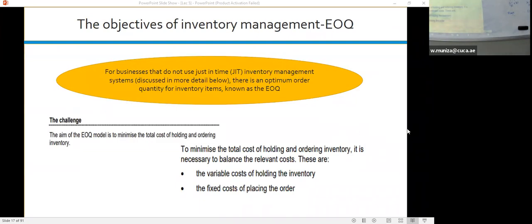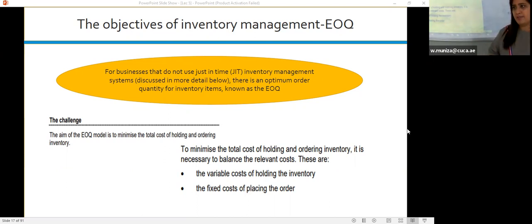Now, students, we are going to extend our discussion regarding inventory management, and we are going to learn about EOQ, economic order quantity. Economic over here does not mean cheaper. We are not concerned about having the cheaper inventory. We are concerned about having the inventory which would be more economical and more beneficial for the organization, which will bring the least cost to the organization.